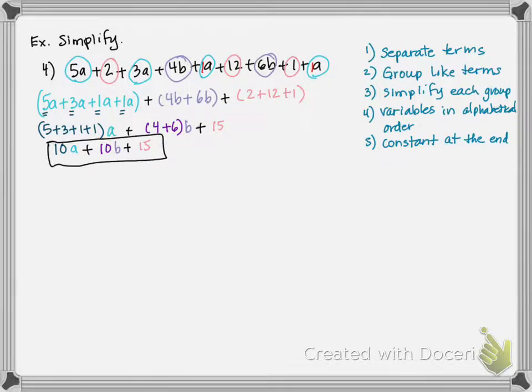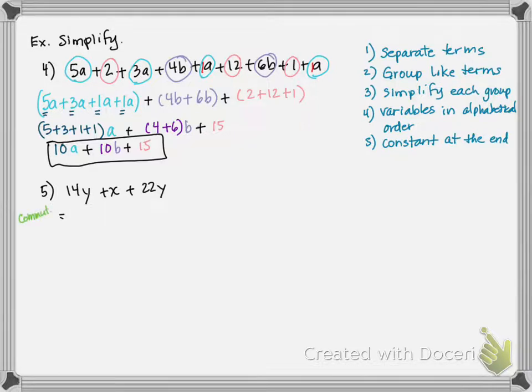Okay, 2 more examples. Let's see, we'll make them a little bit nicer than that one. 14y plus x plus 22y. Okay, so now that you've seen how I work that, I'm going to go ahead and use the commutative properties. I'm going to write that over to the side, just an abbreviation of it.